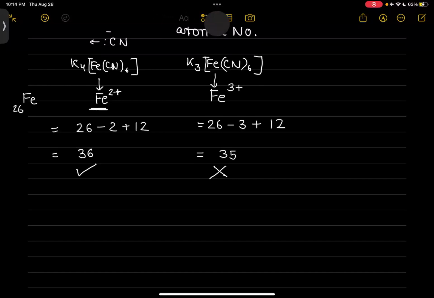EAN can match or it may not match. Is it clear? Yes. So it may match or it may not match, but if it doesn't match, that doesn't mean that it is unstable. Got it? Is it clear or not?